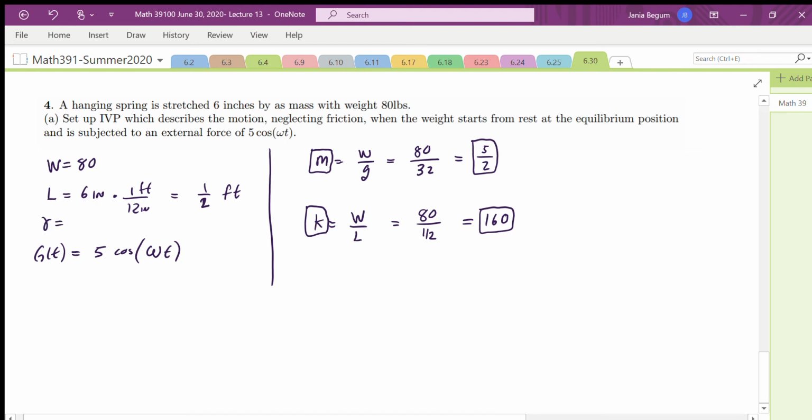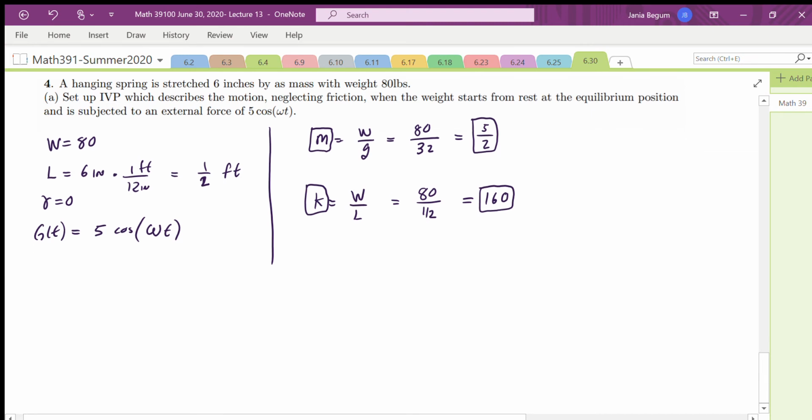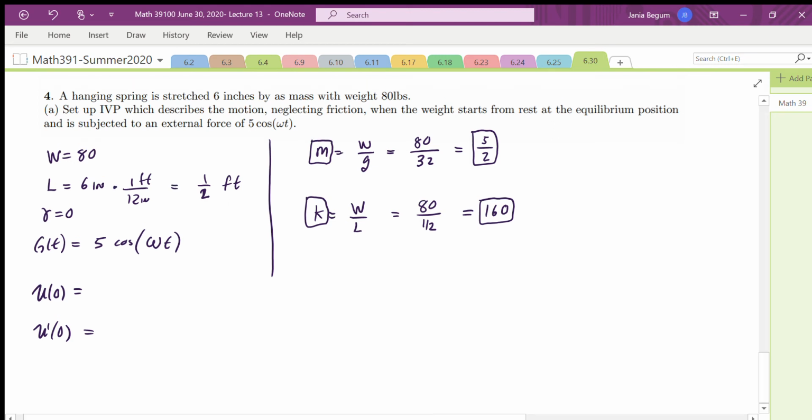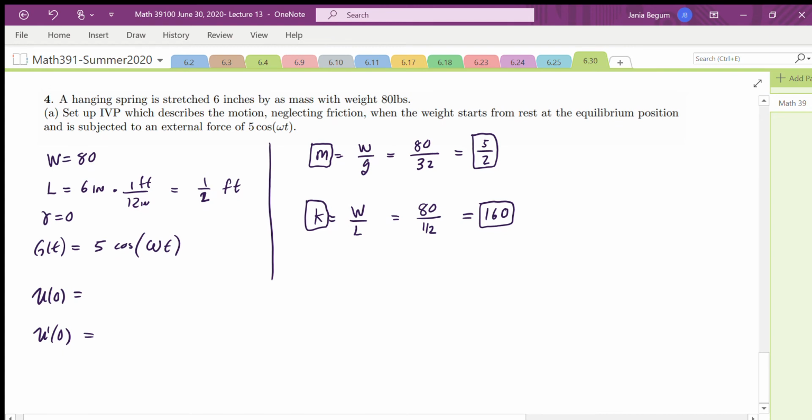So gamma is 0. It doesn't mention, so we assume it to be 0. And then what are the initial conditions? What is the initial position and what is the initial velocity? Right, because we're starting from rest, so that's 0.